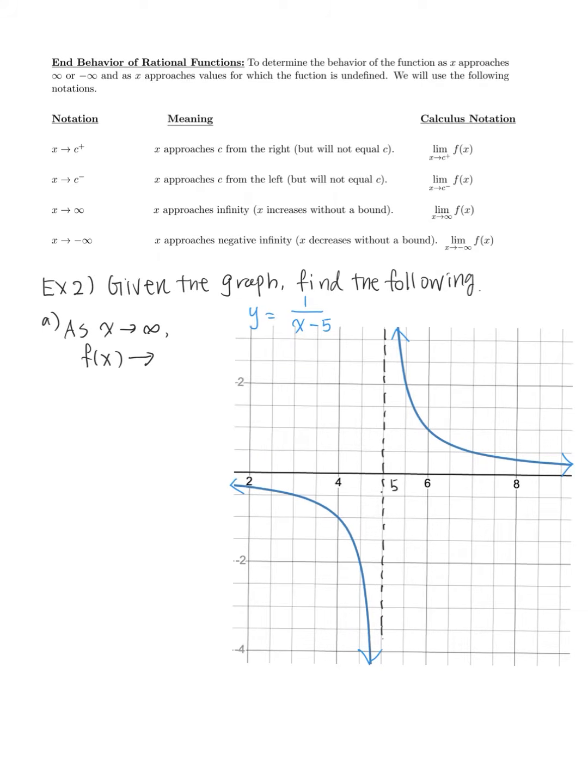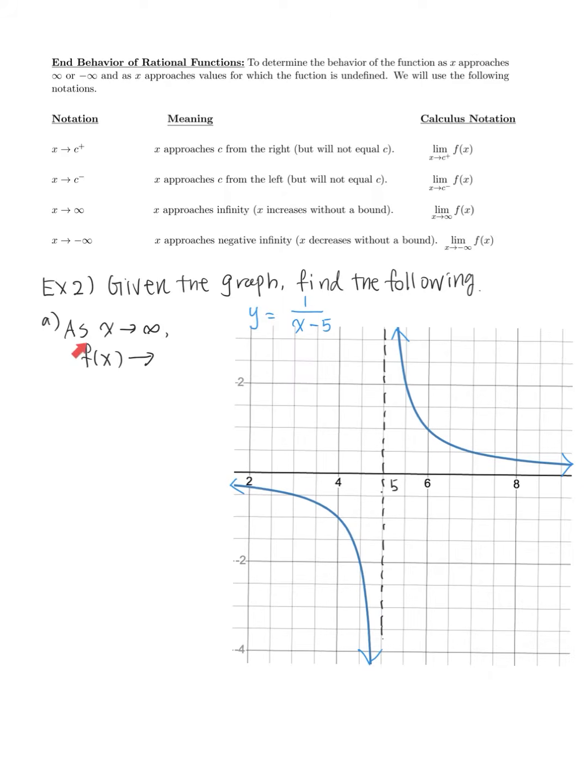Part A, as x goes to infinity, where is our f of x going? Basically, this is asking you where the tail end of the graph is approaching, and your answer should be the y value. As x approaches infinity, this tail end is going to get closer and closer to the x-axis, which is the same thing as y equals 0.